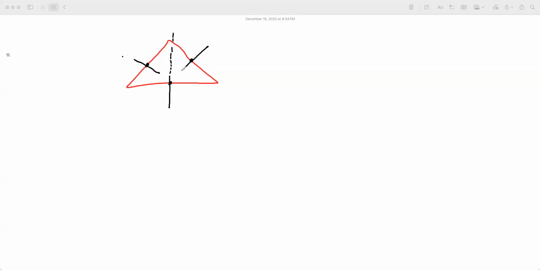It doesn't have to go through the vertices at all. I extend this perpendicular line, I extend this perpendicular line. Do you see this point of concurrency? What is the point? So, these are perpendicular bisectors of the sides of the triangle.